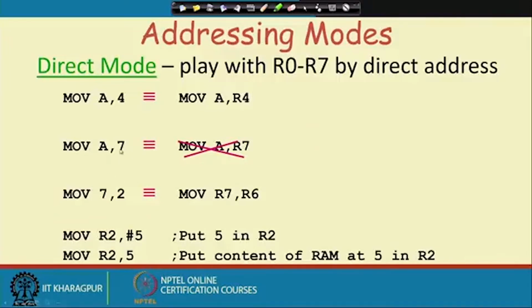Then MOV A, 7 is correct, but we cannot write MOV A, R7; this is not allowed. Then MOV R2, #5 puts 5 in R2, and MOV R2, 5 puts the content of RAM location 5 in R2. We have already discussed this. The only thing to note is that MOV A, R7 is not allowed, so R7 cannot be used in the direct addressing mode.